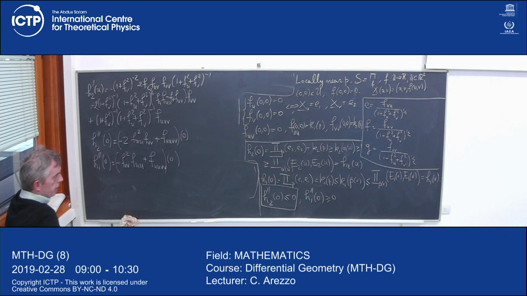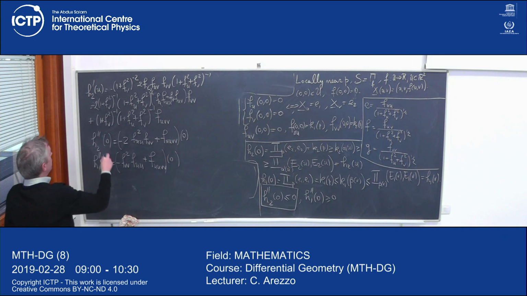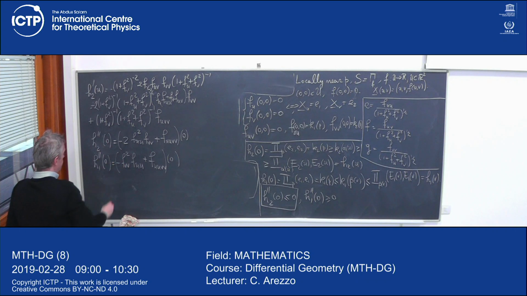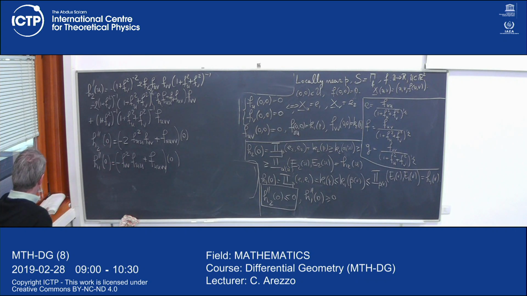I'm pretty sure if we do the same computation here, eventually if we do it our way, here we would get a 2. So what do we know?